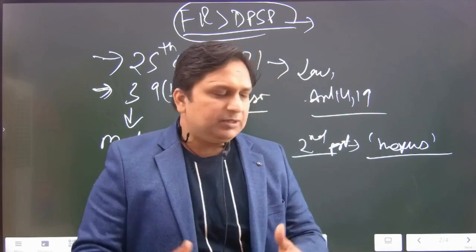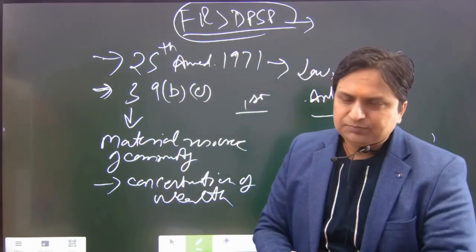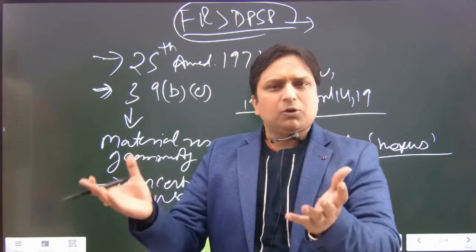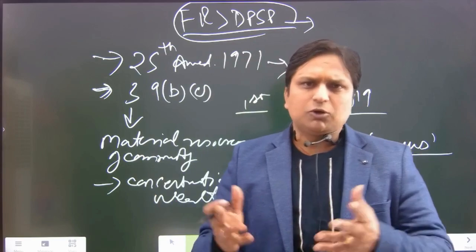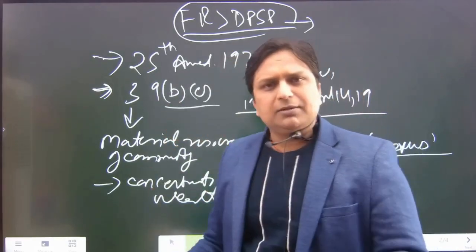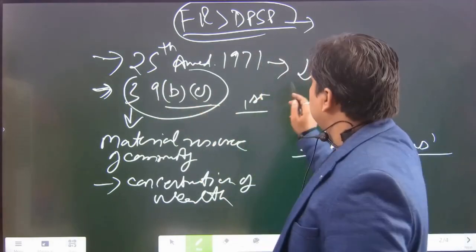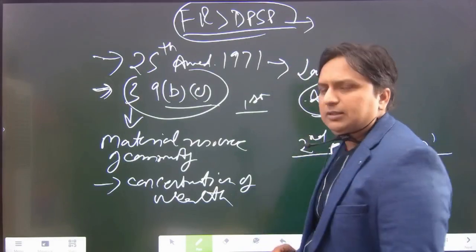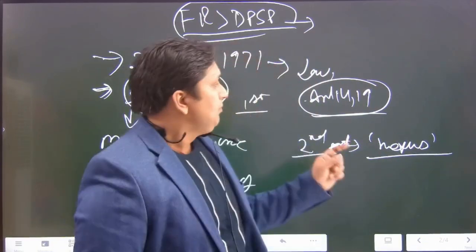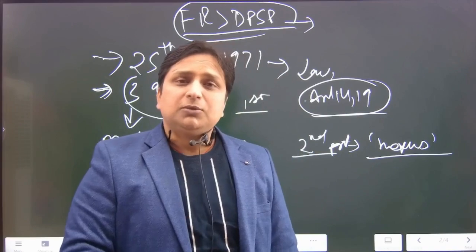I'll explain in simple words: for example, the government has taken the property of some individual in order to open a college or a university for the common good, with the manifested goal of achieving the objective of 39B and C. Here it will be immune from Article 14 and 19, because it serves the common good. Now the second part says that it should not be challenged on the ground of not meeting the said objective.